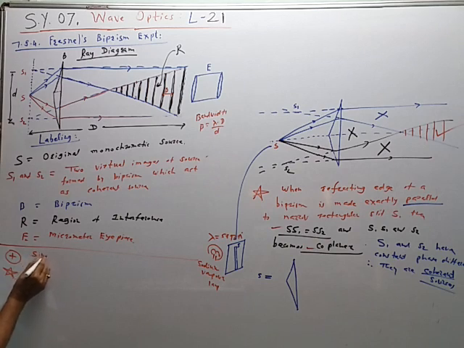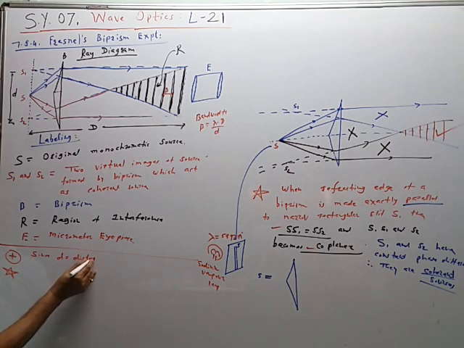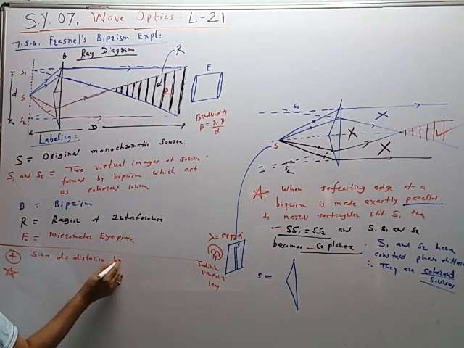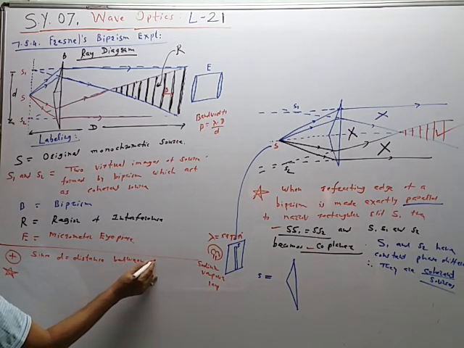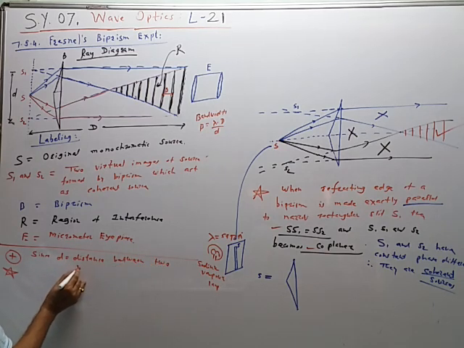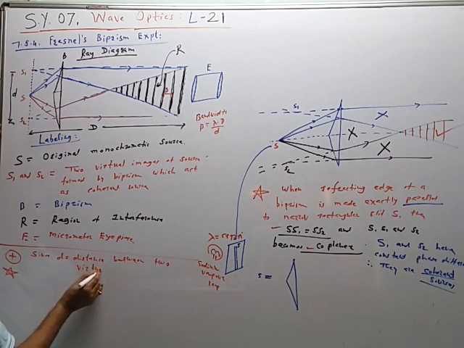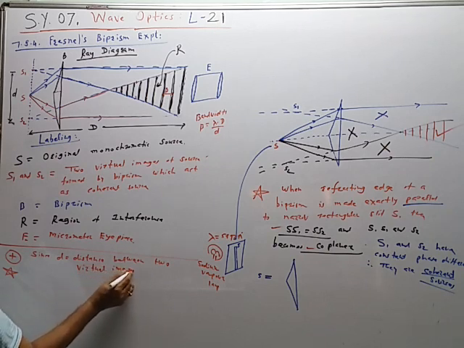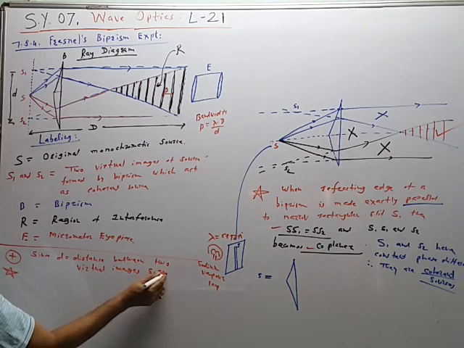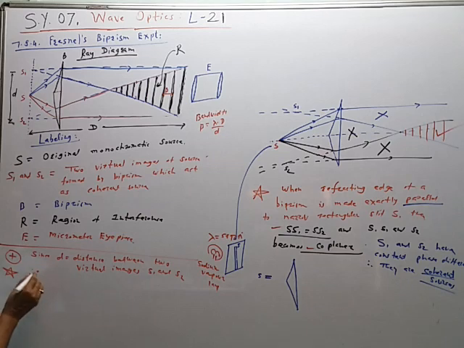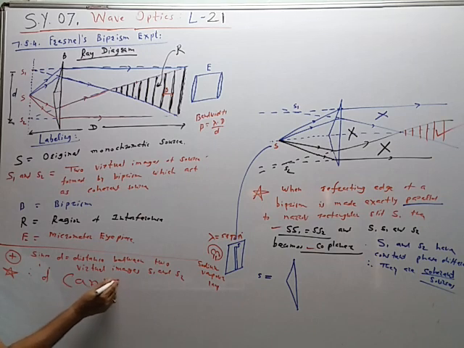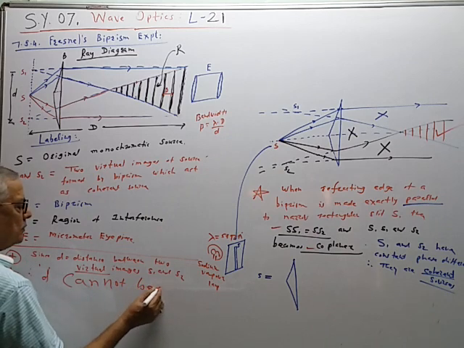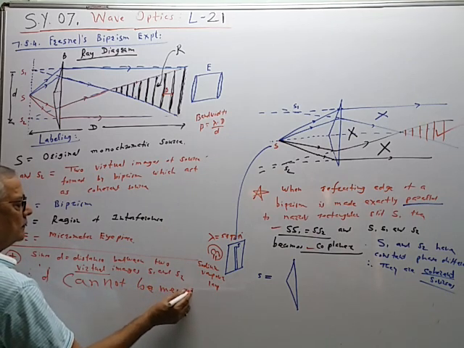Since d is equal to the distance between two virtual images S1 and S2, therefore d cannot be measured directly.